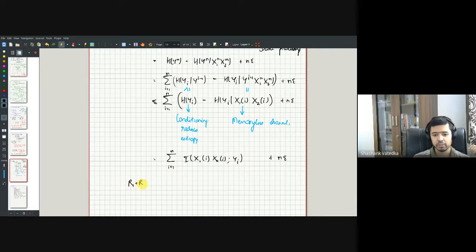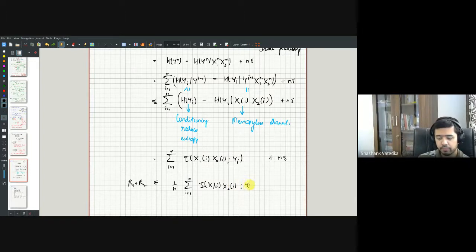So R1 plus R2 is therefore less than or equal to 1 by n times the summation i going from 1 through n of the mutual information between X1 of i, X2 of i, and Yi, plus some epsilon, which can be conveniently ignored.